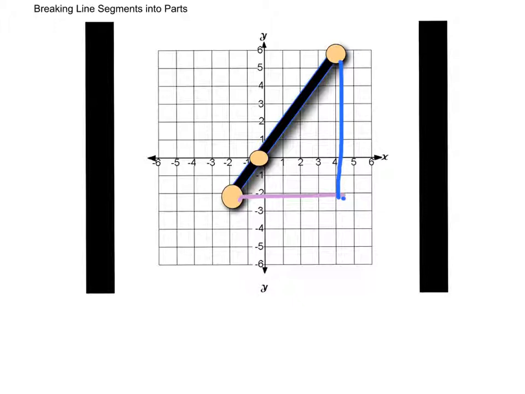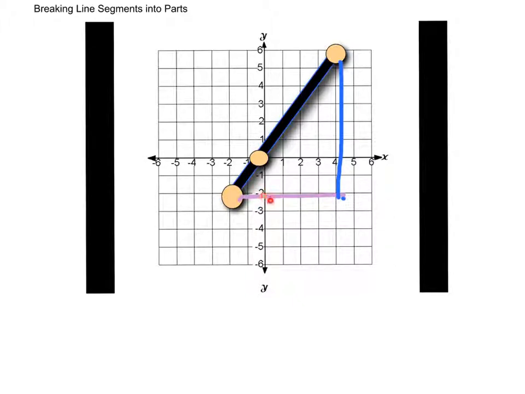So really, if I want to think about the point that is a quarter of the way between this point and that point, talking specifically about this one, I can first find this point here, which represents 1/4 of the horizontal distance from here to here.